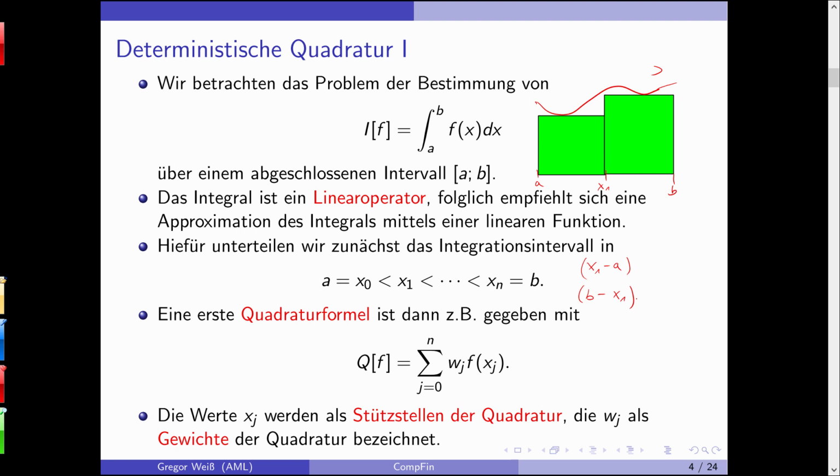The function at a or b. Actually at this point here and at this point here. So this is f of x dash, and this is f of x double dash.